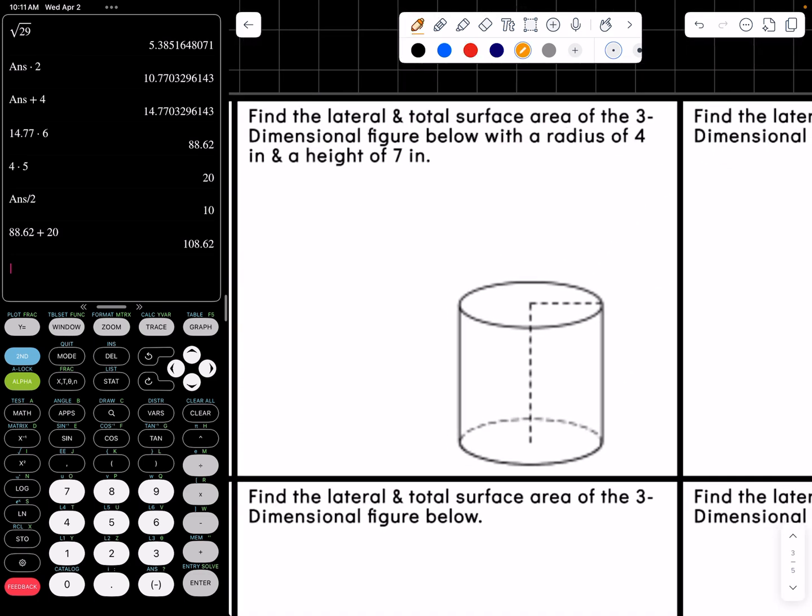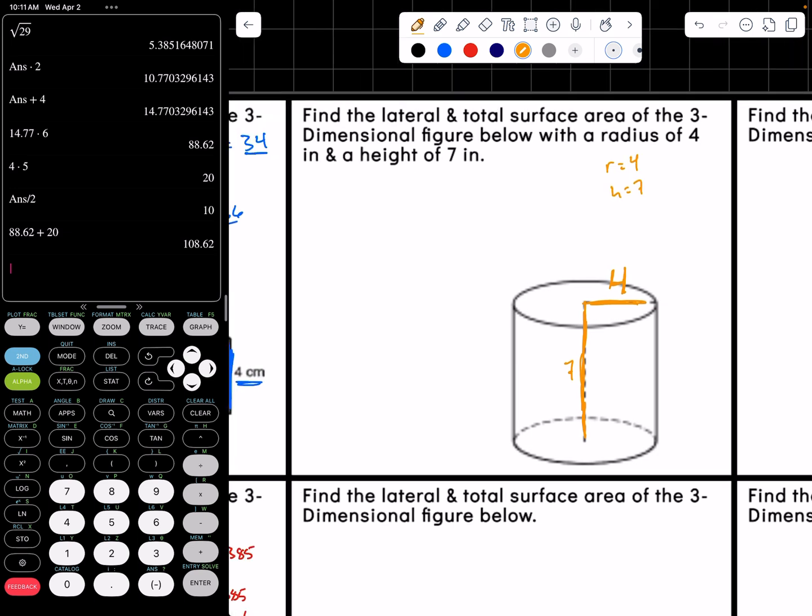Up here, find the lateral and total surface area of a three-dimensional figure with a radius of 4. So our radius right here is 4, and my height is going to be 7. And so all I need to do, if my radius equals 4, my height equals 7, is plug it into the formula.